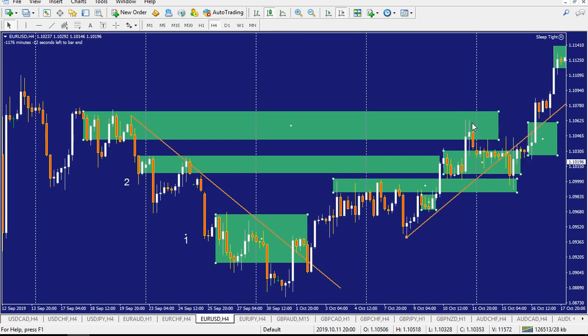Every time they are coming near the opposite army zone, there will be a reaction. There will be sellers, and the move in the other direction comes down, but buyers are strong, aren't they?